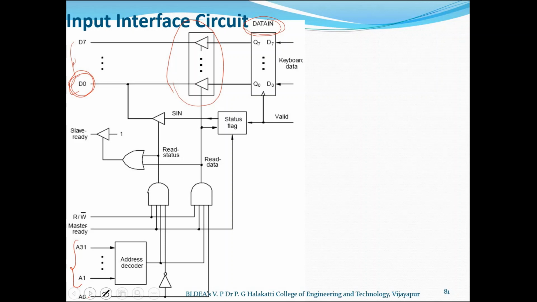Now address bit A0, as you are able to see at the bottom, determines whether the status or the data register is to be read, with a master ready signal, if the master ready signal is active. The slave ready is activated when either the read status or read data signal is 1. So the slave ready signal, you can see here, is also a tri-state buffer.